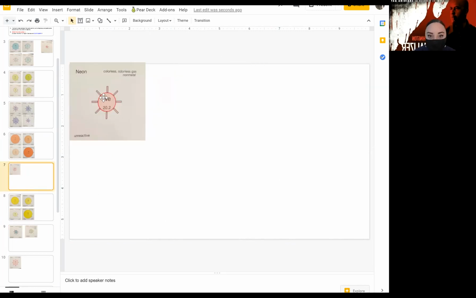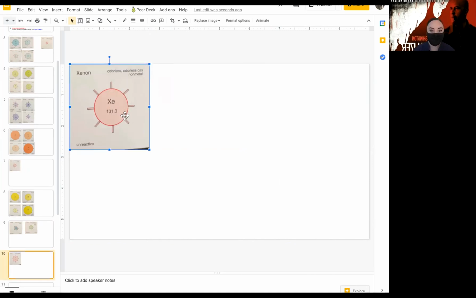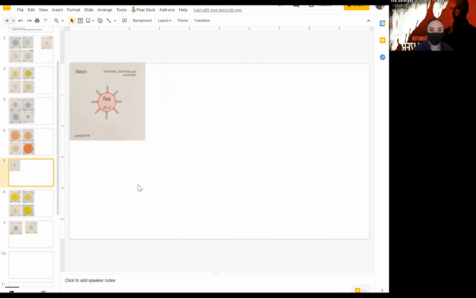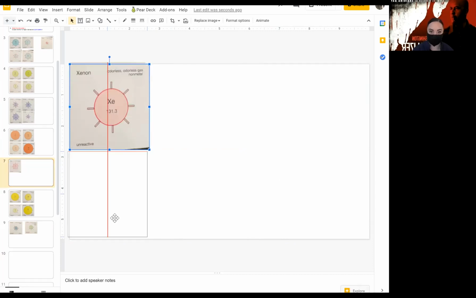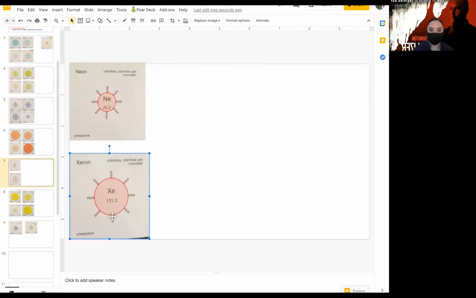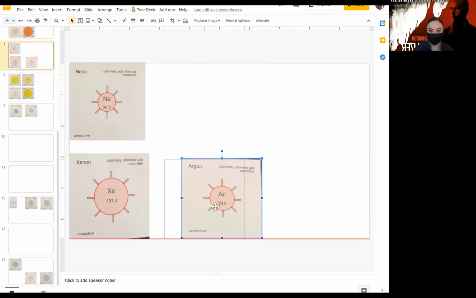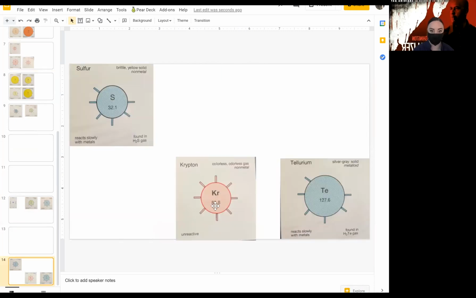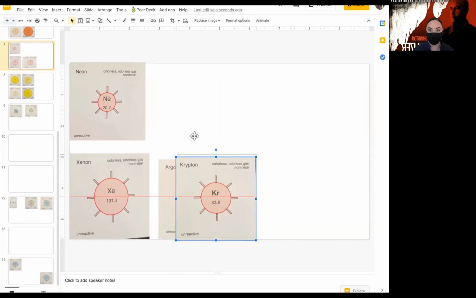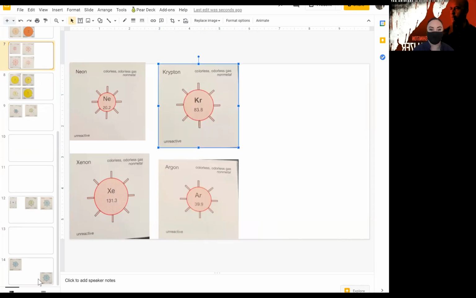Neon looks almost red speckly, and it has 8 sticks coming out. Argon fits that. Krypton. Okay.